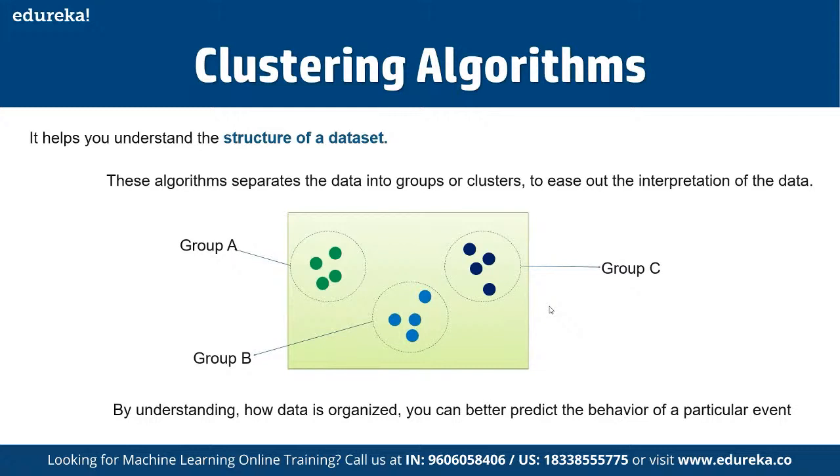Let's say here we have group A, group B, and group C. By understanding how data is organized, we can better predict the behavior of a particular event. This type of problem involves assigning the input into two or more clusters based on feature similarity. For example, clustering viewers into smaller groups based on their interest, age, geography, etc., which can be used to improve ad tech.